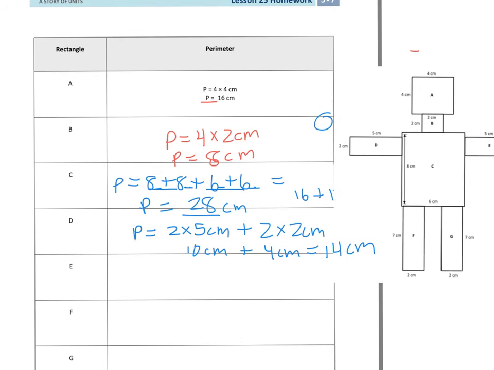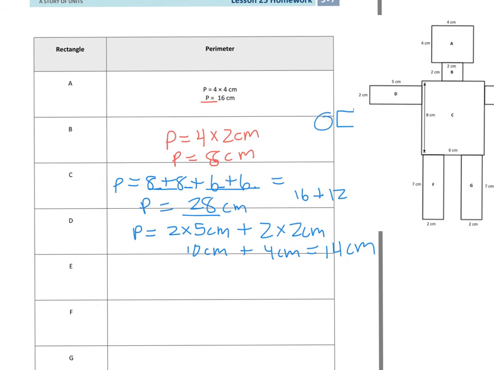So now I'm going to slide that back, and I can really, I hate saying it, but I can pretty much copy what I did for D, because D and E are the same things. And I'll get 10 centimeters plus 4 centimeters, which again will equal 14 centimeters.